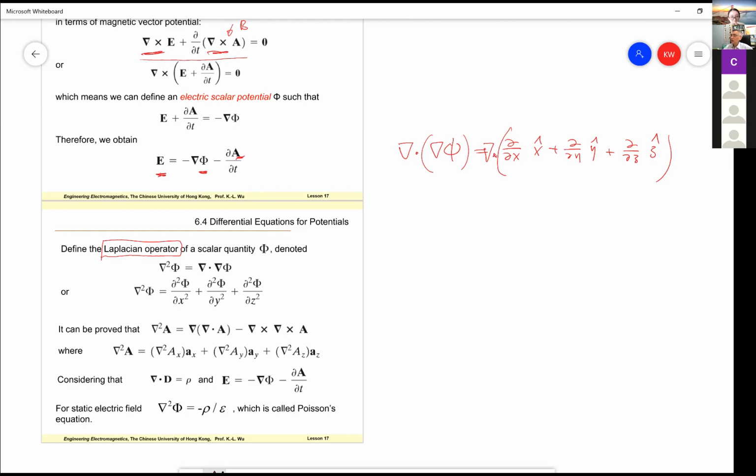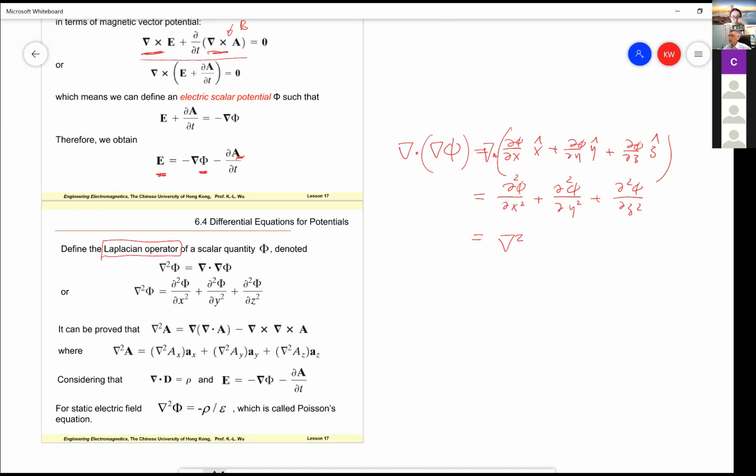That means I take a second derivative. So I write this operator.